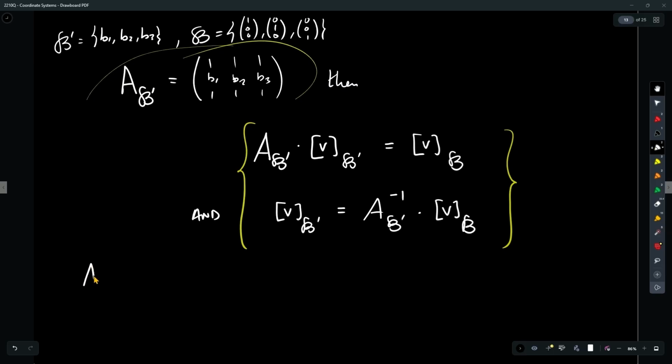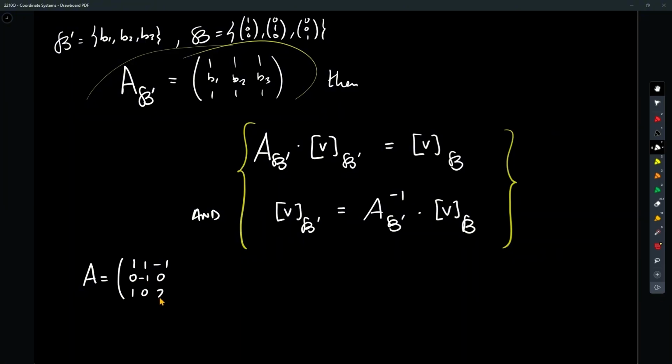In this case, the matrix was 1, 1, minus 1, 0, minus 1, 0, 1, 0, 2. And the inverse matrix, if you do the computation, is 2/3, 2/3, a third, 0, minus 1, 0, minus a third, minus a third, a third.